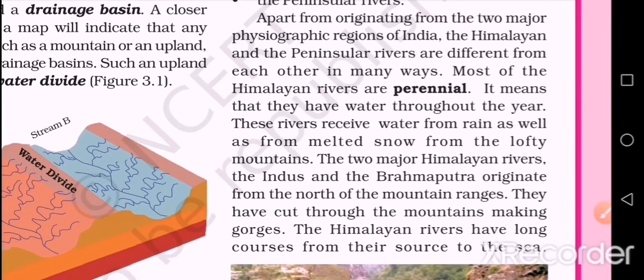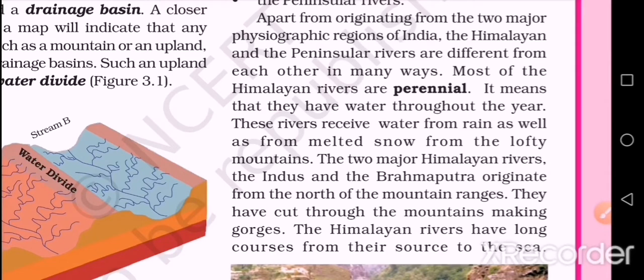There are three major Himalayan rivers in India: Indus, Ganga and Brahmaputra. Indus and Brahmaputra originate in the northernmost mountain ranges.